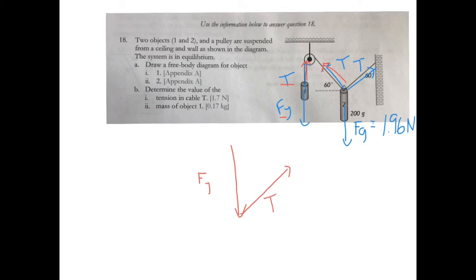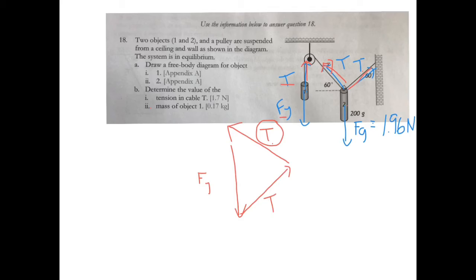So that tension right here, that's going up at an angle, is just equal to the other tension, which is the one we're trying to find. That's this T, is that tension. So again, I add all those vectors together and I get back to 0. So force of gravity plus the tension to the right, this one, plus the tension up to the left, that one, and I get my triangle.